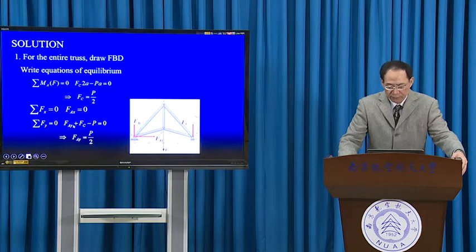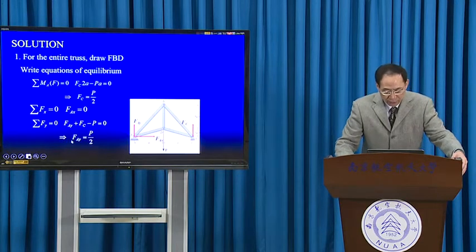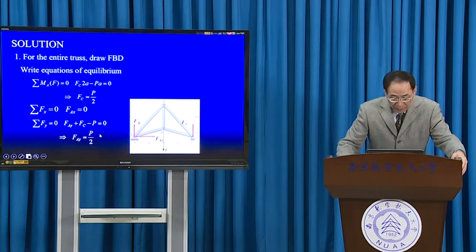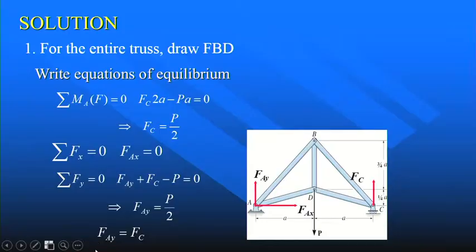FAy plus FC minus P equals 0. Then we get FAy equals half P. It's very interesting. The two answers are the same. FAy equals FC.